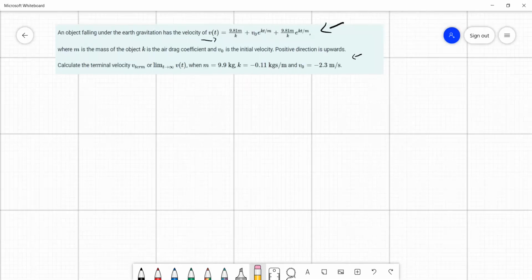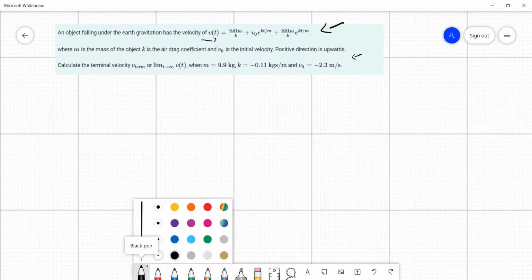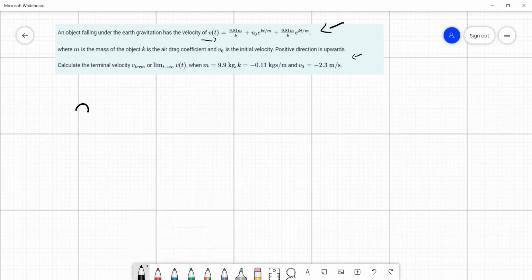If the term terminal velocity seems unfamiliar, it's basically that when an object is in free fall, there are forces. There's gravity pulling it down, and then there is drag working against it.